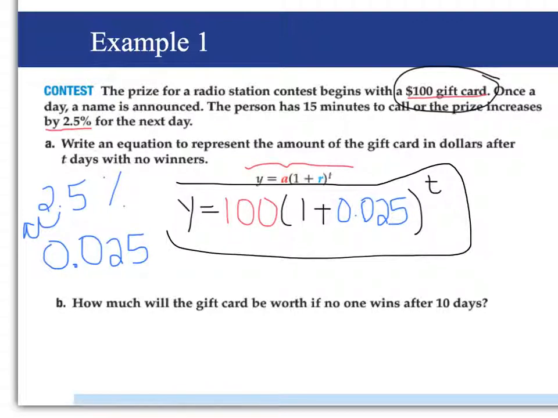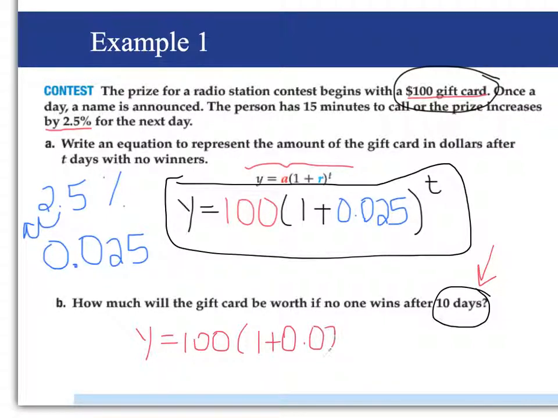After t days, what will the gift card be? Here it says, how much will the gift card be worth if no one wins after 10 days? In this particular problem, t stands for time, and time is the number of days that pass. So we would write y equals 100 times 1 plus 0.025 raised to the 10th power.